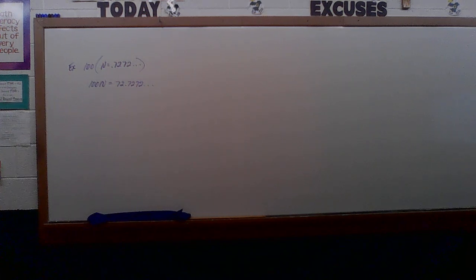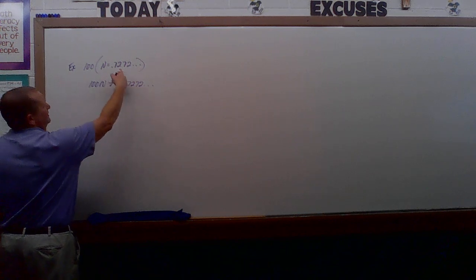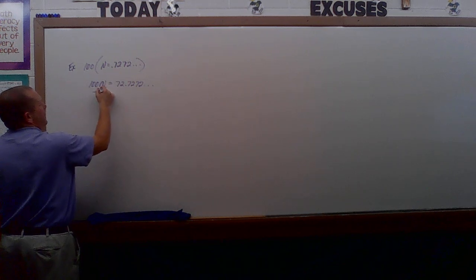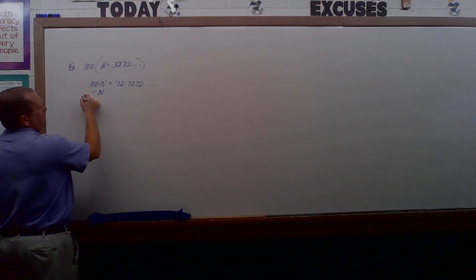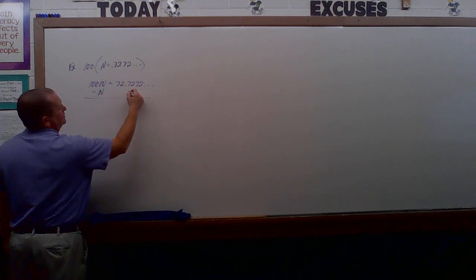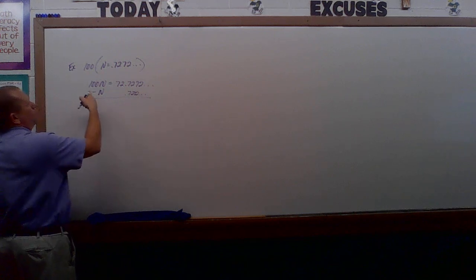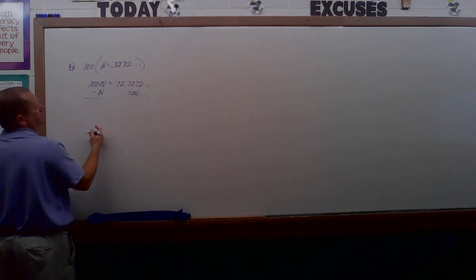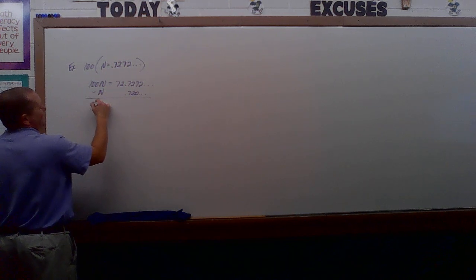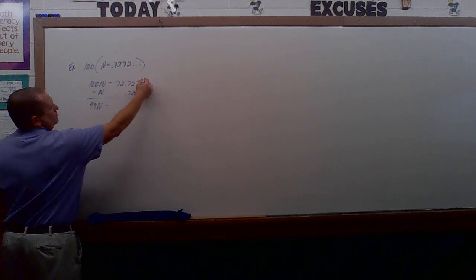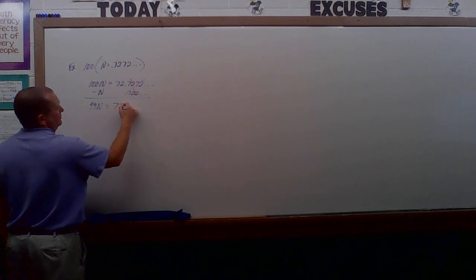Now you subtract n, because n is this, right? We subtract n over here, and over here we're basically taking away the decimal part. So what's 100n minus n? 99n. And over here, my decimal parts cancel out, so I get 72.